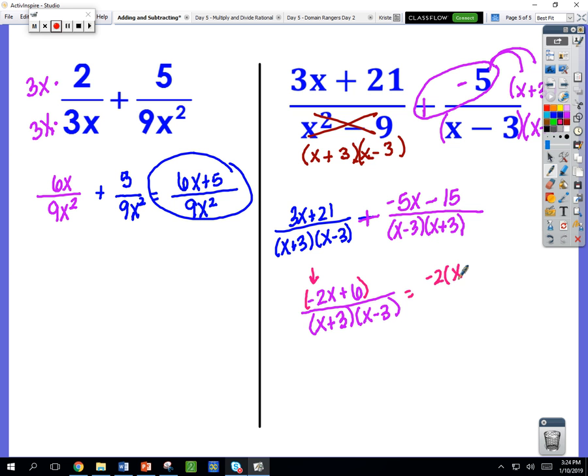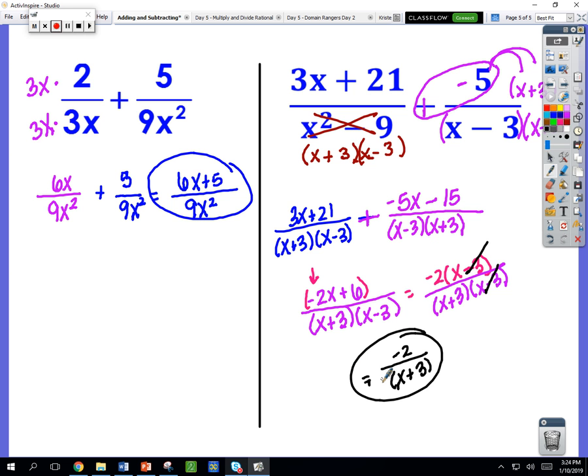And I end up with positive x minus 3 in parentheses. And then on the bottom, which didn't change because it was already completely factored, I have x plus 3, x minus 3. And these cancel. So my final answer is negative 2 over x plus 3. Simplified.